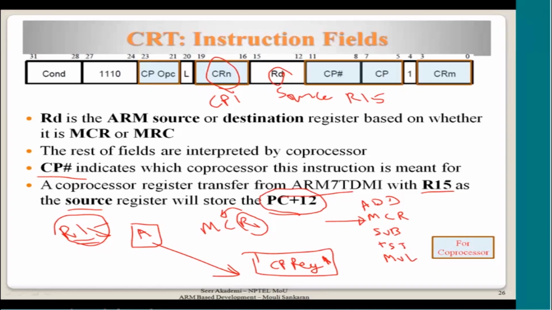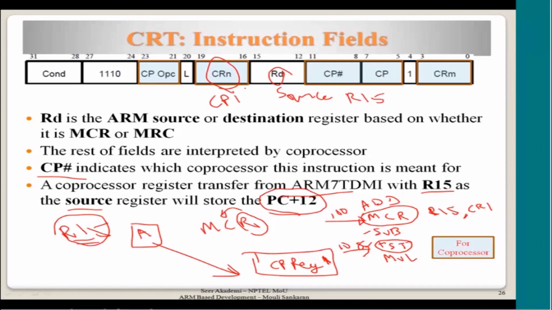Now the MCR has mentioned that R15 needs to be transferred to some coprocessor register R1. When this is in the execute stage, PC is here. Suppose this is address 108, and the next instructions are also fetched.